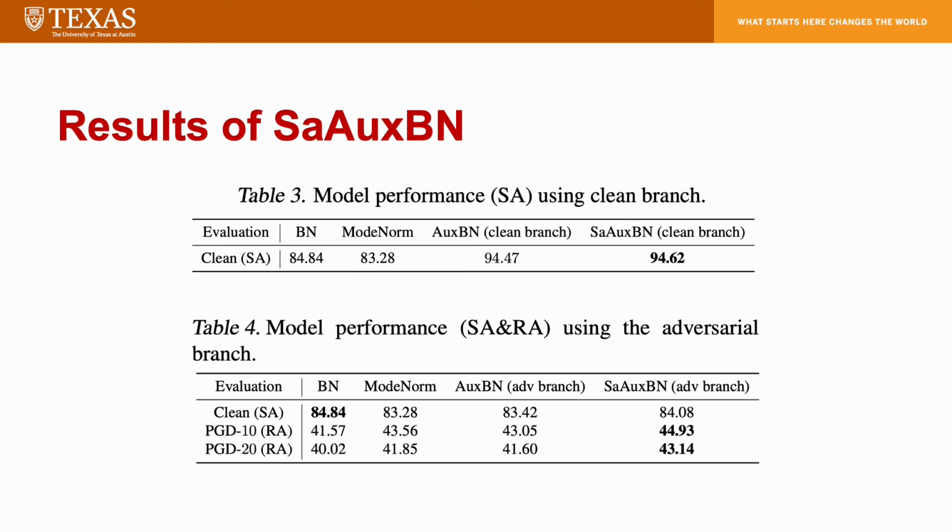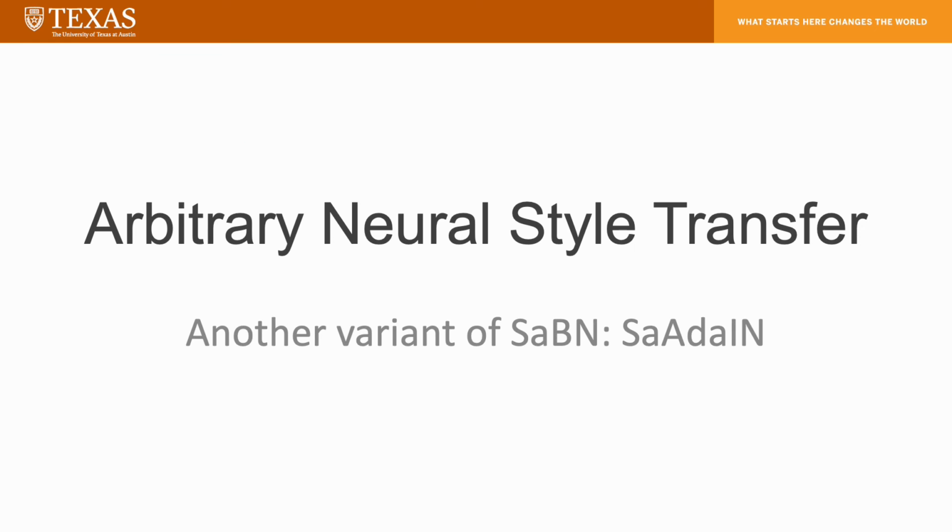The result of the sandwich auxiliary BN is presented in the table here. We could see that the proposed sandwich auxiliary BN is able to consistently improve the model's standard testing accuracy as well as the robust testing accuracy.